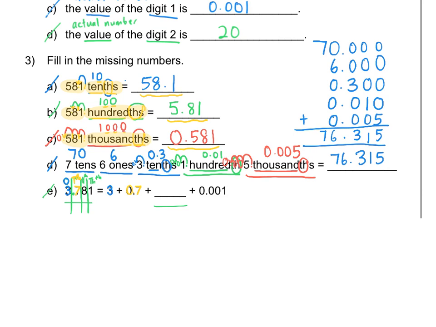And finally over here, I have a 0.001, which is a 1,000th, represented on the left side over here, 1,000th. And therefore the missing blank over here is actually 800th. How do you write the value of 800th?